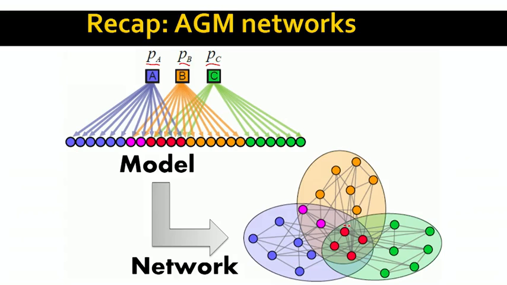We see that, for example, the red nodes here in the overlap of all 3 communities are very well connected. We see that the pink nodes also connect heavily with each other. And then we see that other parts of the communities where there are no overlaps are less well connected. But the model that we specified here is able to generate the network below.